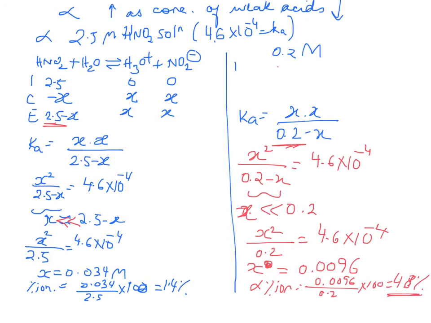So realize that dilute solutions give better ionization, and more hydronium ion if the acid is weak.